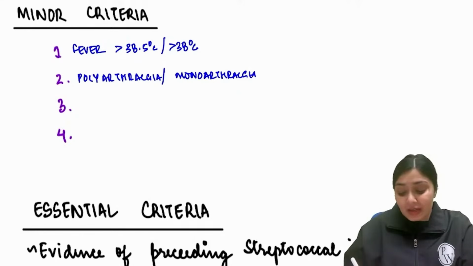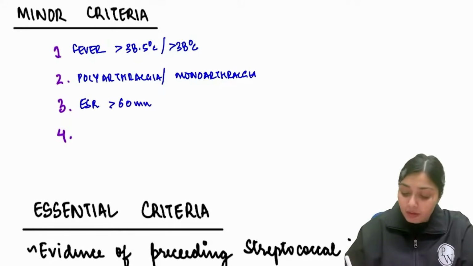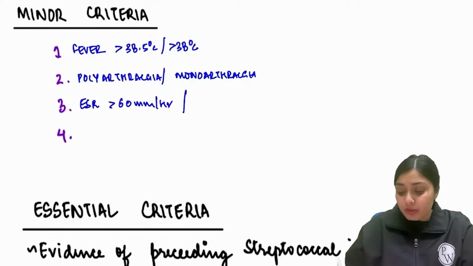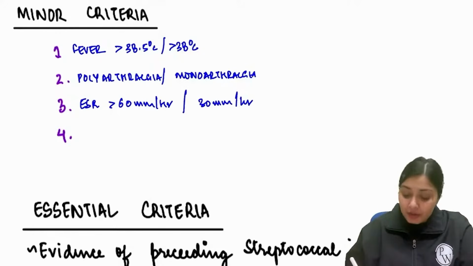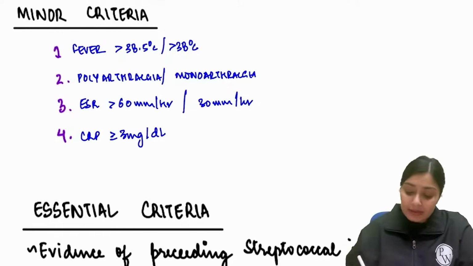We have ESR and CRP. ESR more than 60 mm per hour or more than 30 mm per hour. We have CRP more than 3 milligram per deciliter, and increase in the PR interval.